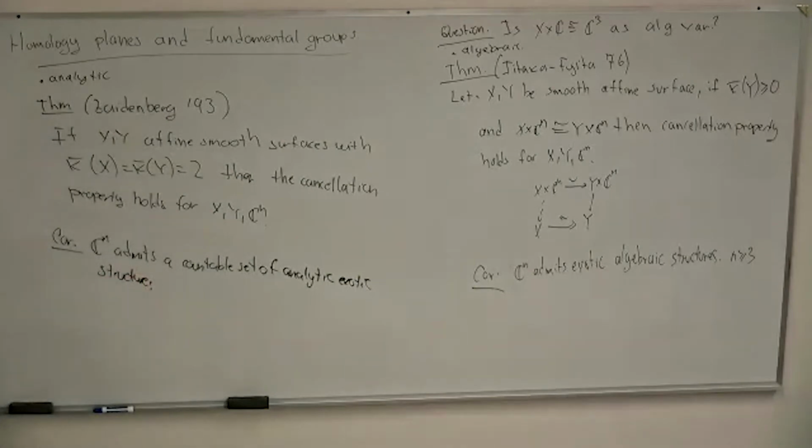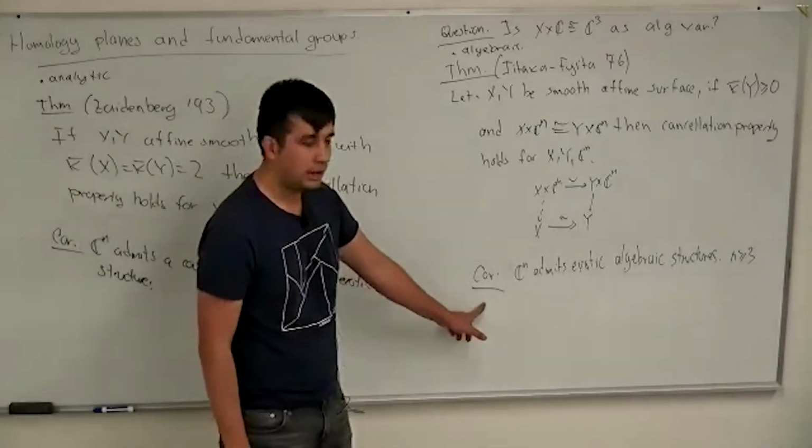We know it's countable. No period of that. We don't know. Yeah, he just constructed a countable number of surfaces that I will be calling homology planes in what follows, contractible and that are pairwise non-isomorphic. So we don't know. I kind of missed the corollary. Here?